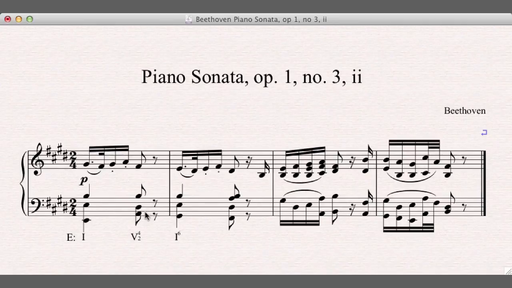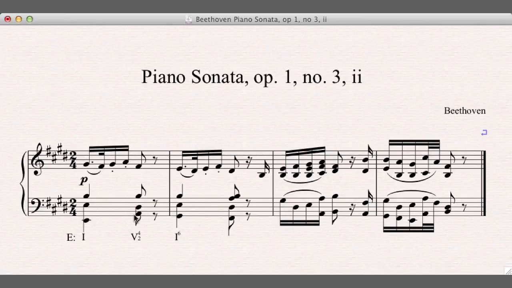Also, let's look here. We've got our augmented 4th here, right? And if you recall from voice leading, the augmented 4th goes out, and this is our leading tone, this D sharp, and it resolves to the tonic. This is our 4th scale degree, and it resolves down to the 3rd scale degree.